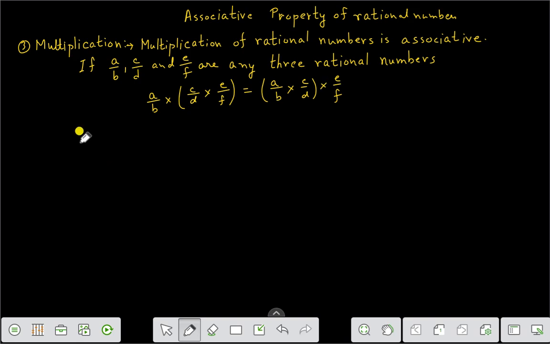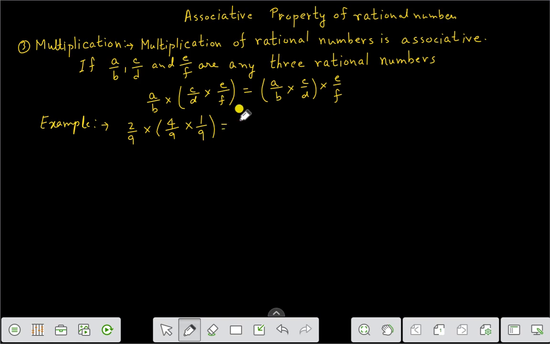Right? Now let us take one example. Suppose we are multiplying three rational numbers, that is 2 by 9 into in bracket 4 by 9 into 1 by 9.